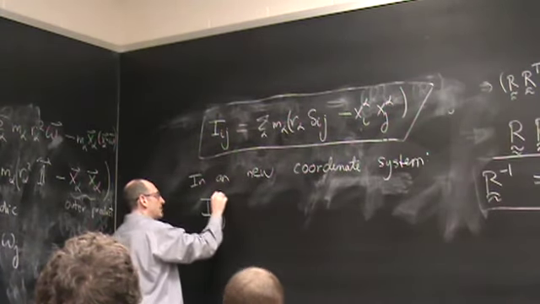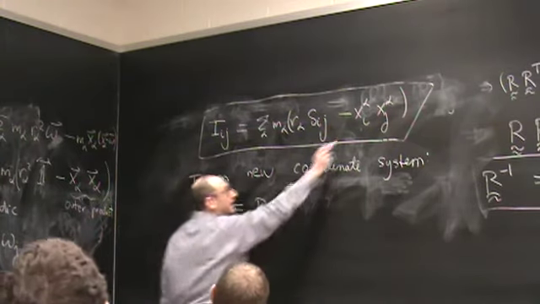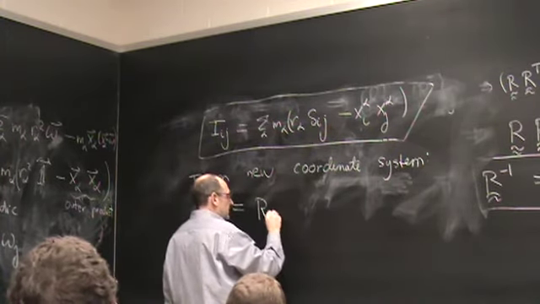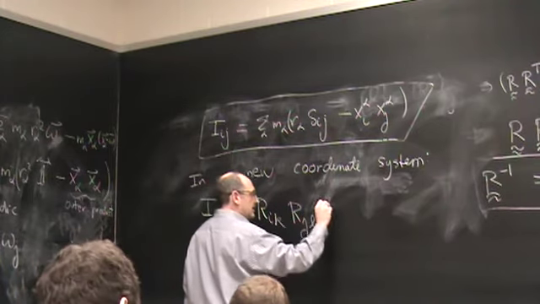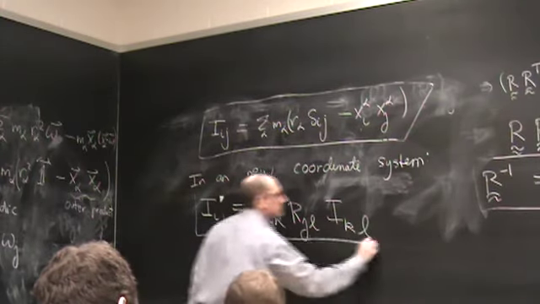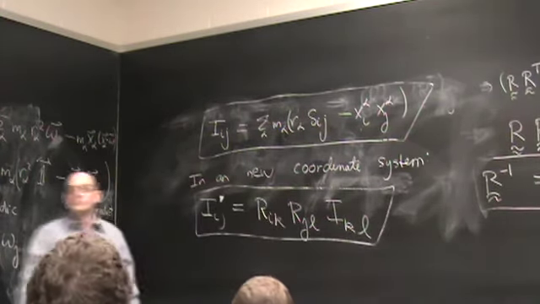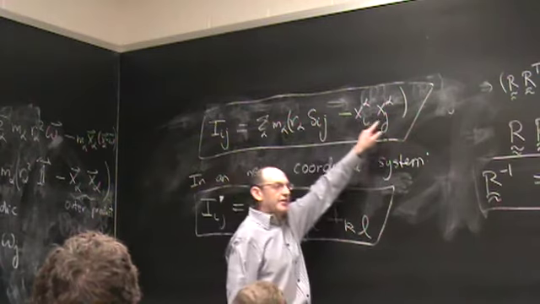So the new matrix in the new coordinate system, I have to first rotate this guy, then rotate the second guy, because I need to perform a transformation on this and a transformation on that.